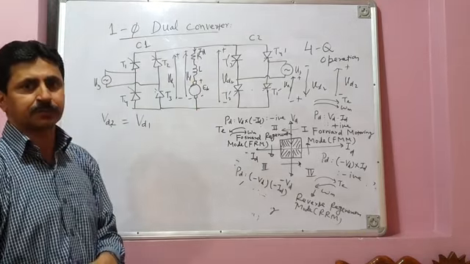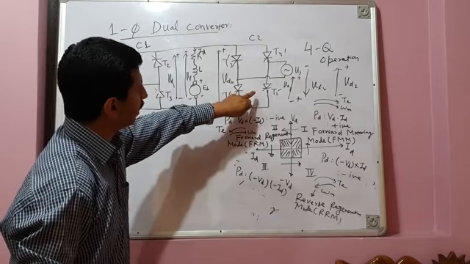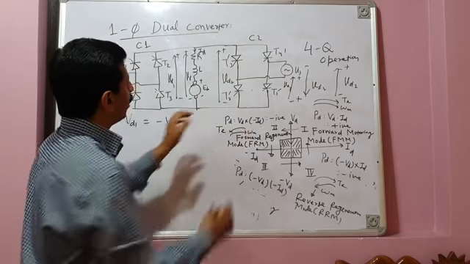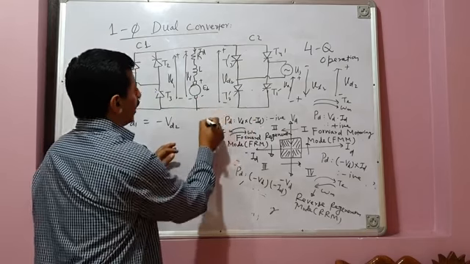Because see, this is VD1. For rectification mode of operation, its polarity of voltage is plus minus like this. And for rectification mode of operation for converter 2, what could have been its polarity of voltage? Plus minus. But we have to make its polarity of voltage the same as this. So therefore, you have to operate this in the inversion mode, and in the inversion mode, our voltage is negative. See, this converter C1 is operating, say, in rectification mode. Its output voltage is positive. Plus minus is considered as positive voltage.